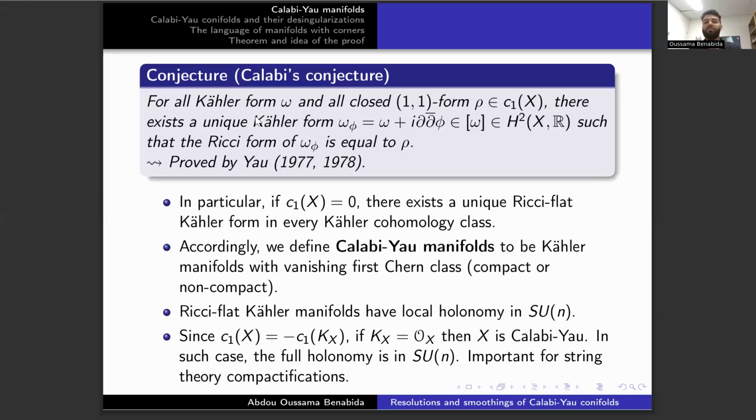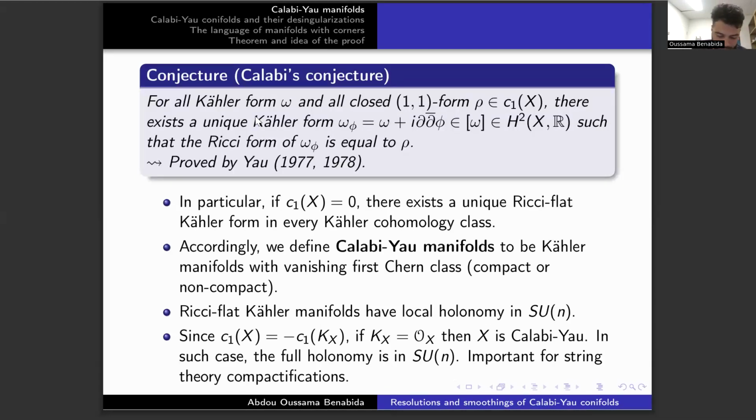So this is one of the main reasons that pushed people to study these manifolds. Other than the fact that they are manifolds with holonomy SU(n), so they are included in the Berger classification, they also appeared at the same time that string theory started becoming more famous and more trendy in a sense.